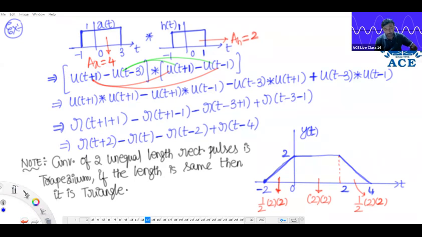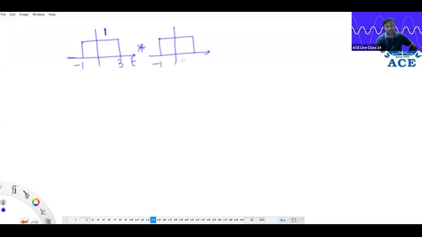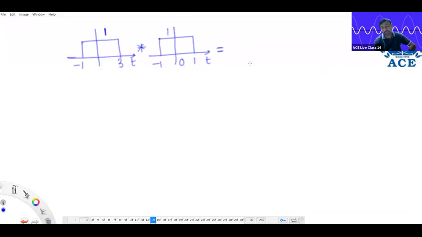Observe how we can answer directly. First time we chose a rectangle from -1 to 3. Second time we took a rectangle from -1 to 1. Unequal length rectangular pulses means trapezium.